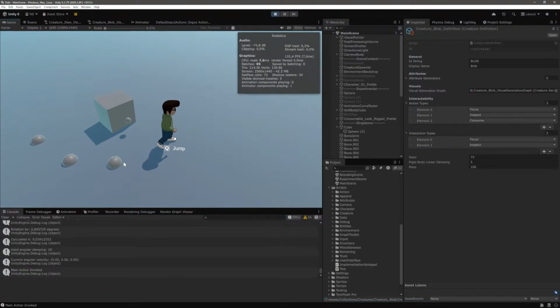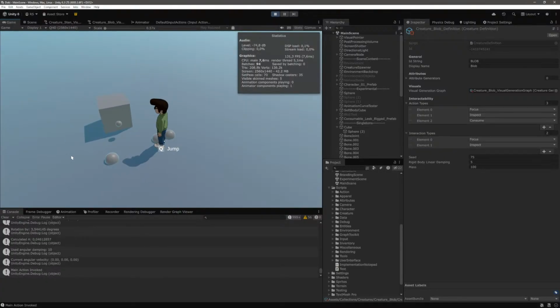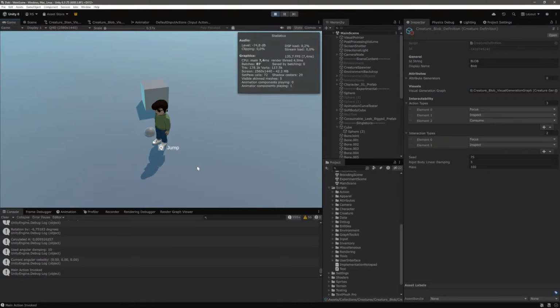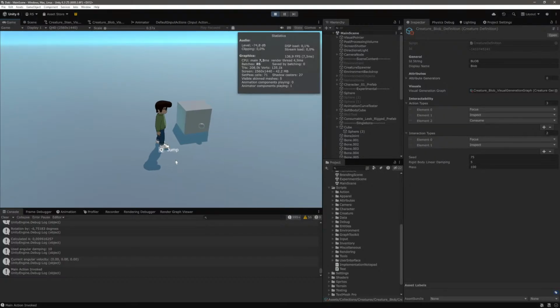Oh, negative angle does not work. Yeah, what's up with that? Yo, the rotation is not calculated correctly at all, is it? 31, that's probably correct. Oh yeah, we're looking at 2 different ones, that's true.